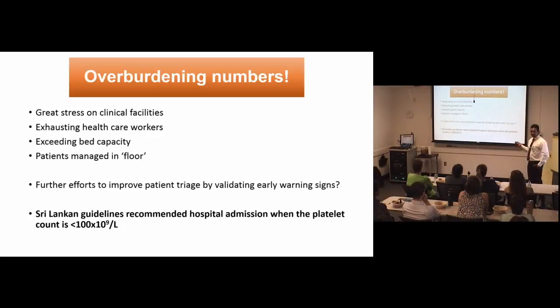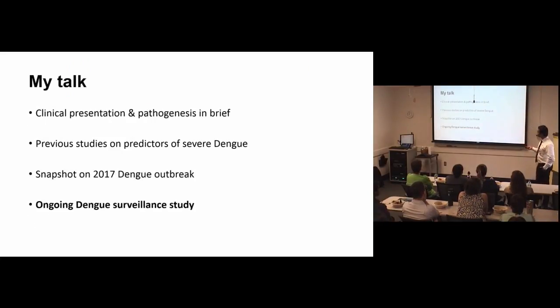And because of this overburden, the Sri Lankan guideline recommends hospital admission only when the platelet count is less than 100,000, which is going hand in hand with the SEARO classification, right? So we did not have much data on how the yield of severe people detection is when you are only concentrating on the people who are under 100,000, which we are going to talk about from our study.